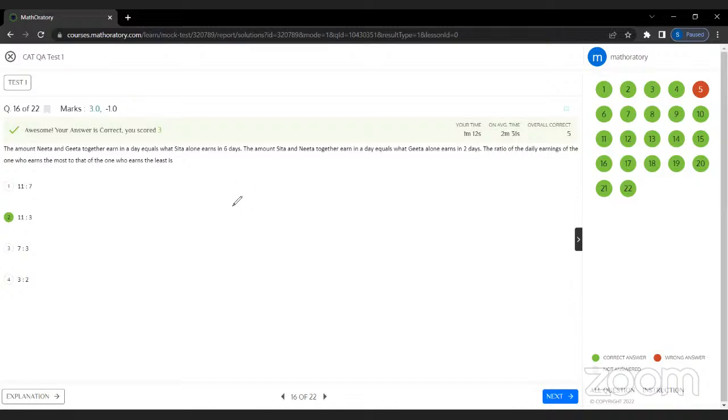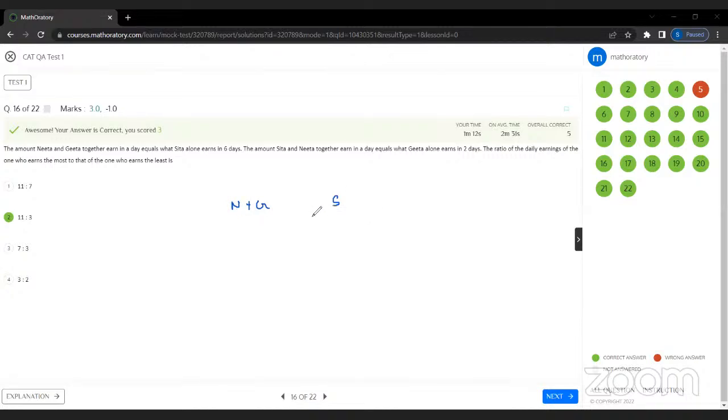So Nita and Geeta together, and Sita. These two are related somewhat in terms of payment. Whatever Nita and Geeta earn in one day, Sita earns in 6 days. It implies that whatever work Nita and Geeta do in one day, Sita takes 6 days to do the same work.